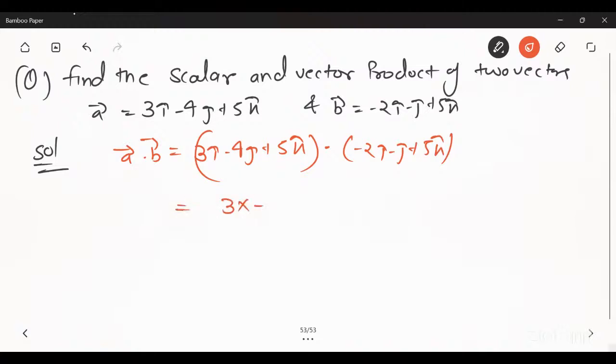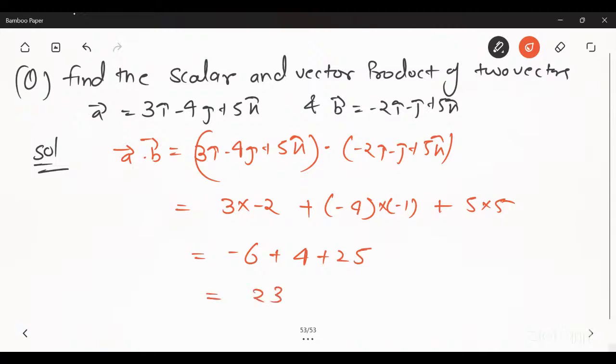So 3 into minus 2 plus minus 4 into minus 1 plus 5 into 5. So 3 into minus 2 you will get minus 6, plus 4, plus 25. So 25 plus 4 minus 6 is 23. This is the scalar product.